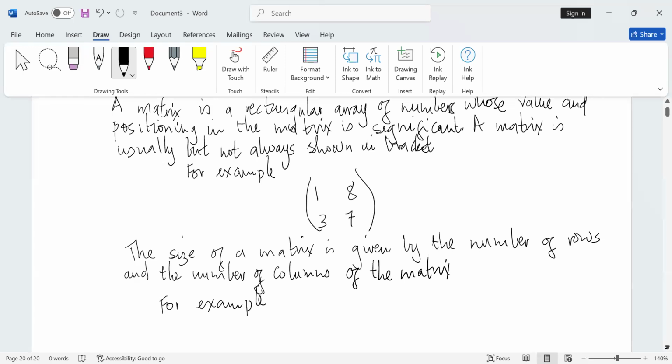This one is a 2 by 2, 2 rows and 2 columns. So it is called a 2 by 2 matrix.